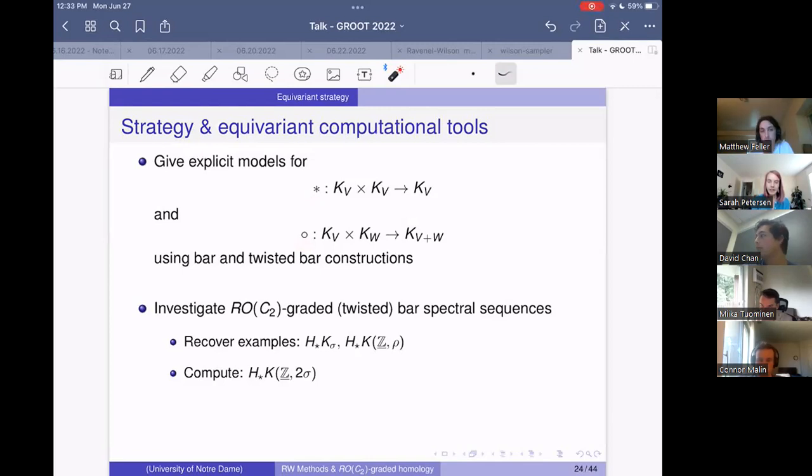I then investigate RO(C2)-graded bar and twisted bar spectral sequences, recovering the examples of the homology of K sigma and KZ rho, where here Z is the C2 constant Mackey functor Z, and rho is the regular C2 representation. So rho is equal to 1 plus sigma. And then also compute KZ 2 sigma, which would be a new example.